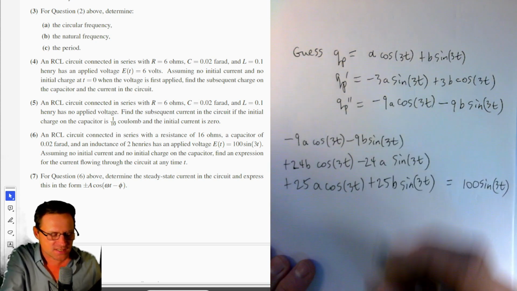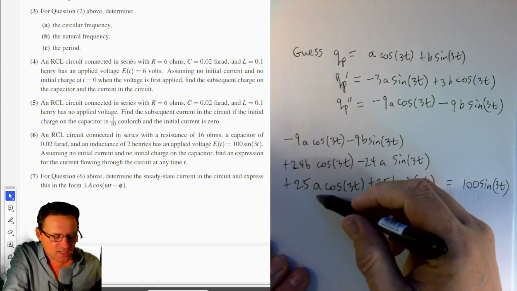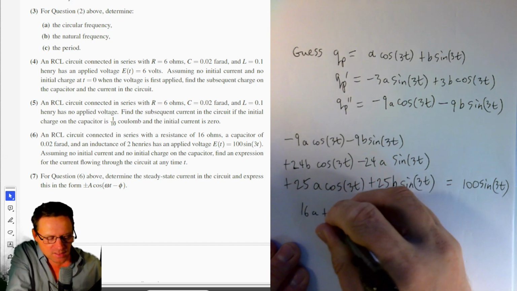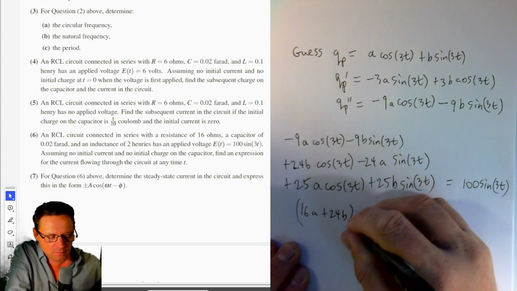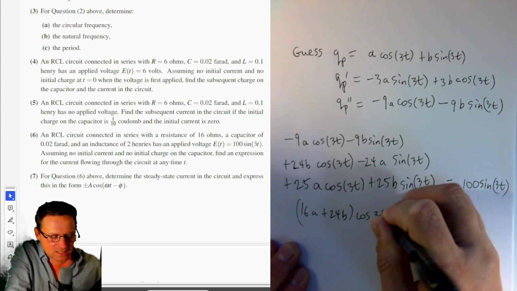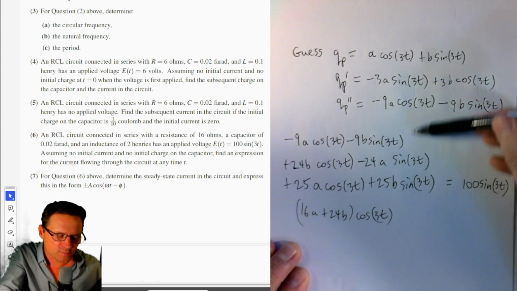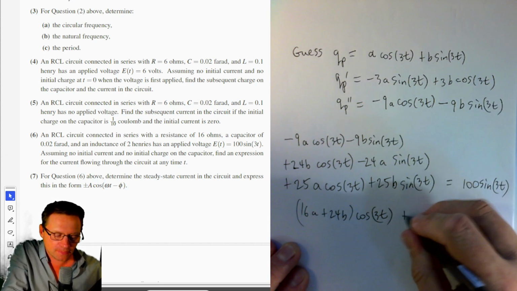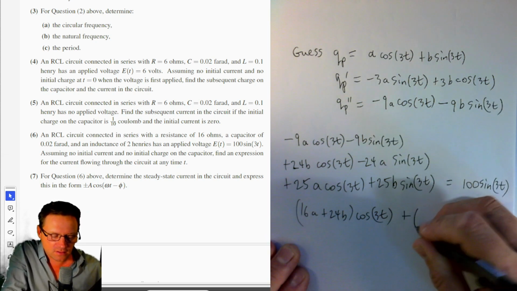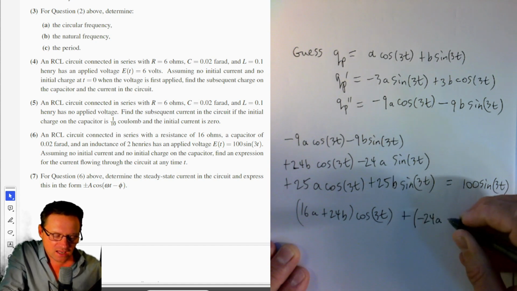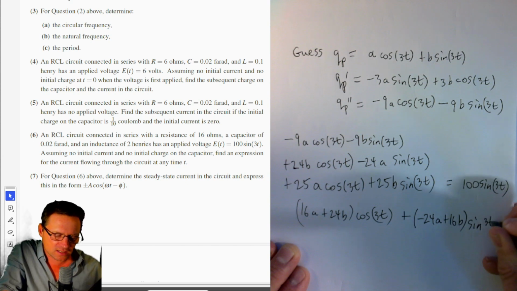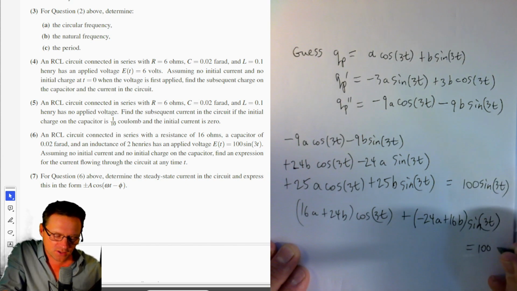So the parts with the cos next to them, we have 25 minus 9 is 16a plus 24b cos of 3t. And then the parts with the sine, 25 minus 9 is 16. So we have minus 24a plus 16b sine of 3t equals 100 sine of 3t.